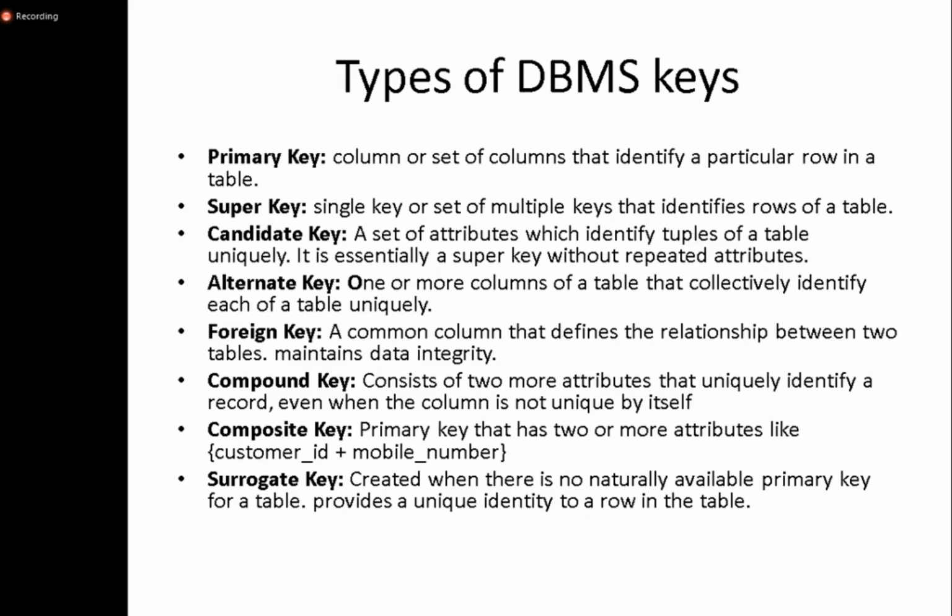Then the surrogate key. When there's no naturally available primary key, we have to come up with a key created by us. For example, we may use an ISBN to refer to a book. There's nothing called an ISBN for a book unless we specify it. A book should definitely have an author, it's a known thing.